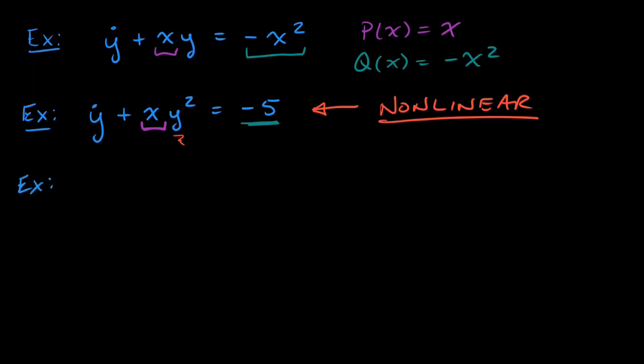Let's look at another example. Let's look at y dot minus x squared y equals 0. What do we think of that?